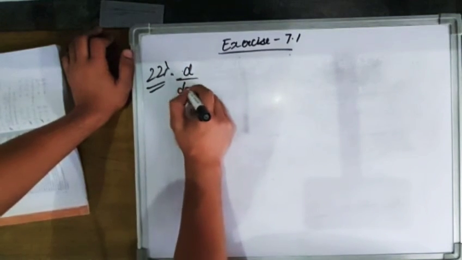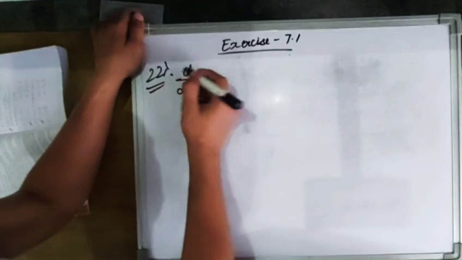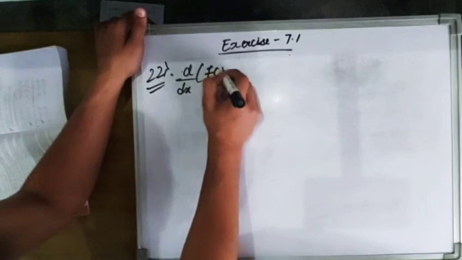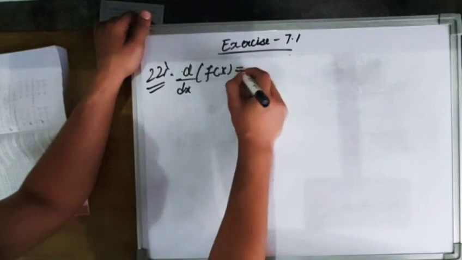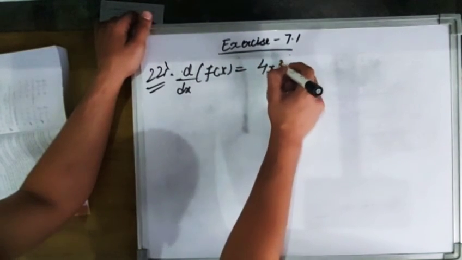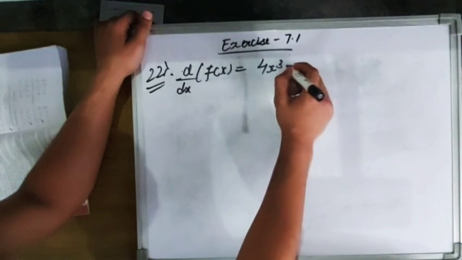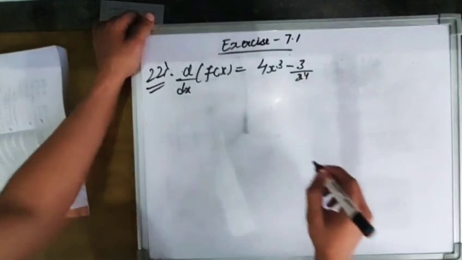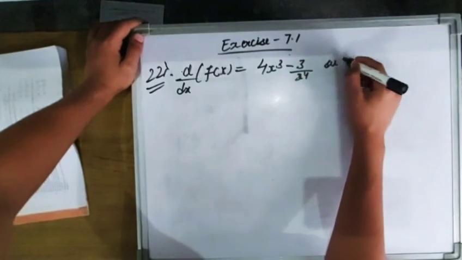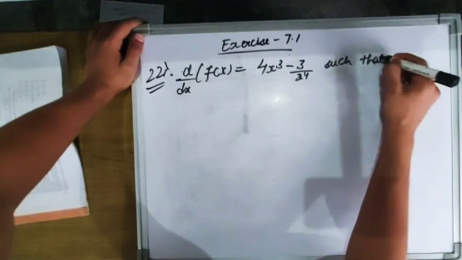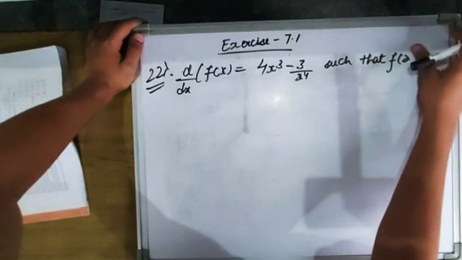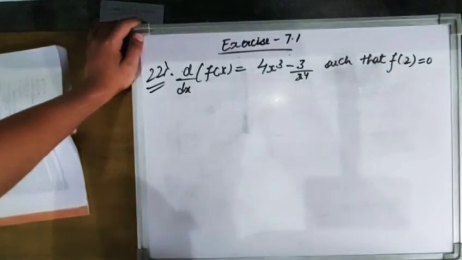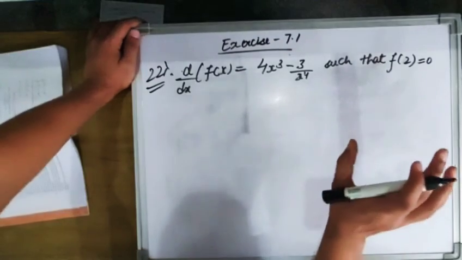The question is, if d by dx of f(x) equals 4x cube minus 3 upon x to power 4, such that f(2) is 0, find the value of f(x).